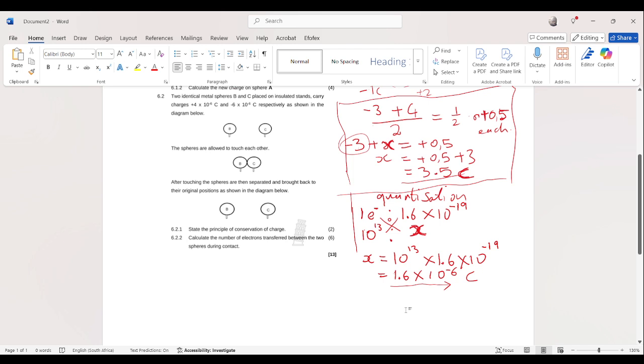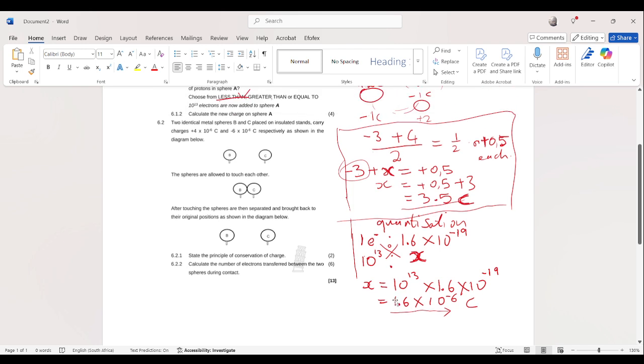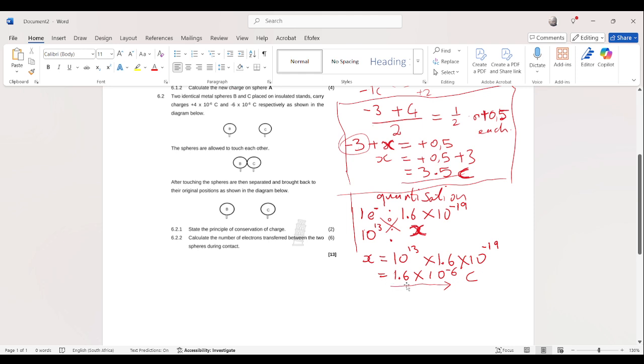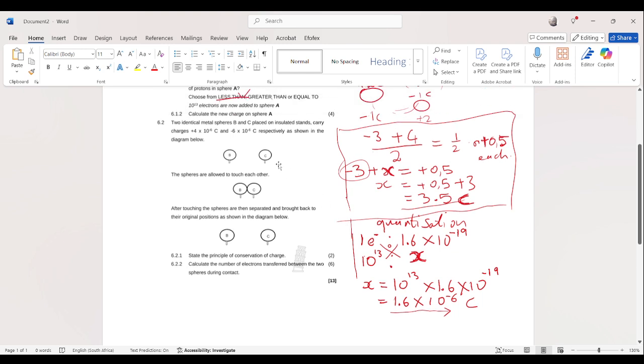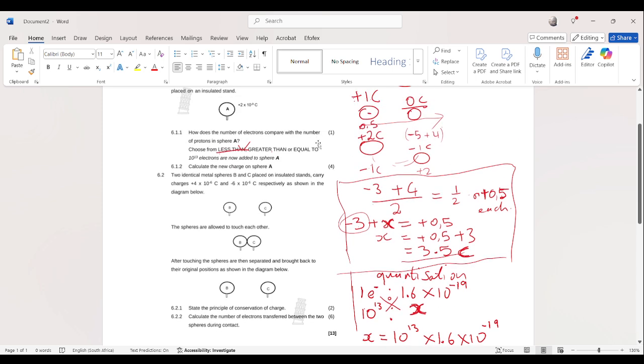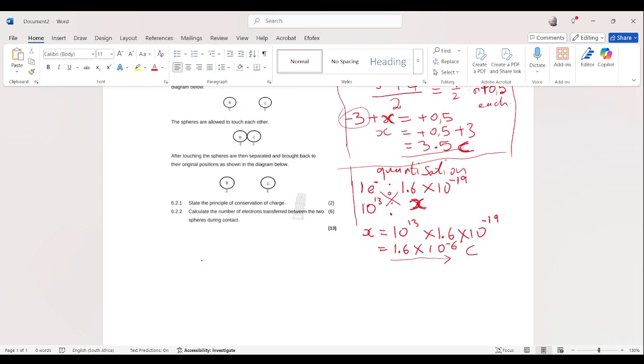If you introduce 10 to the power of 13 electrons, they will bring you a charge of 1.6 times 10 to the power of minus 6, because you are quantifying it. Now the question says calculate the new charge on sphere A. Sphere A is positive 2 times 10 to the power of minus 8.